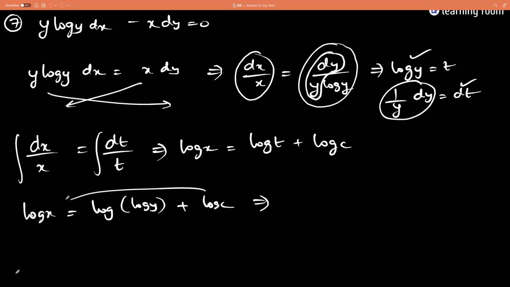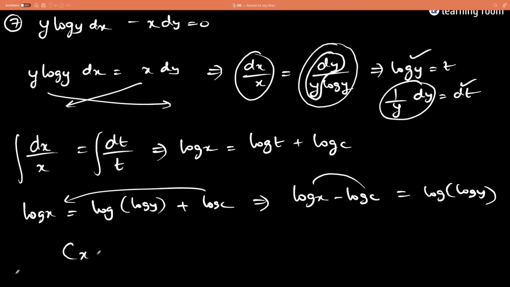So this implies, if I bring the log c to the left hand side, log x minus log c will be equal to log of log y. So this will be x into c or cx. Okay. This will be equal to log of log y, which implies log y is equal to e power cx.